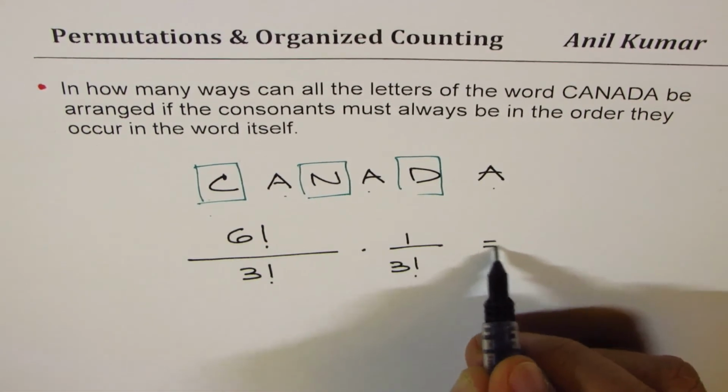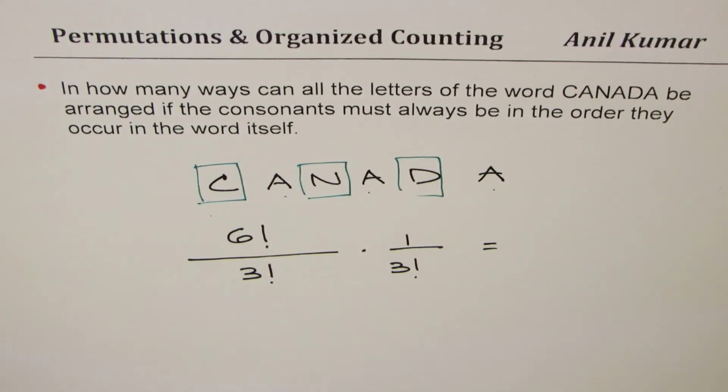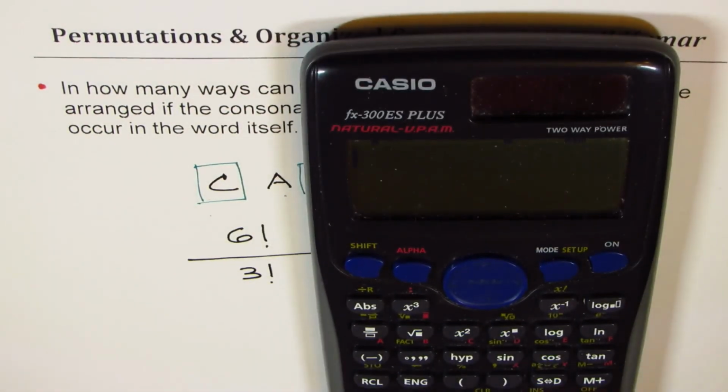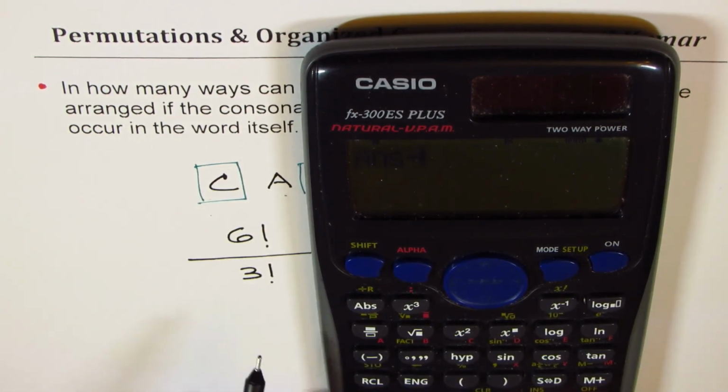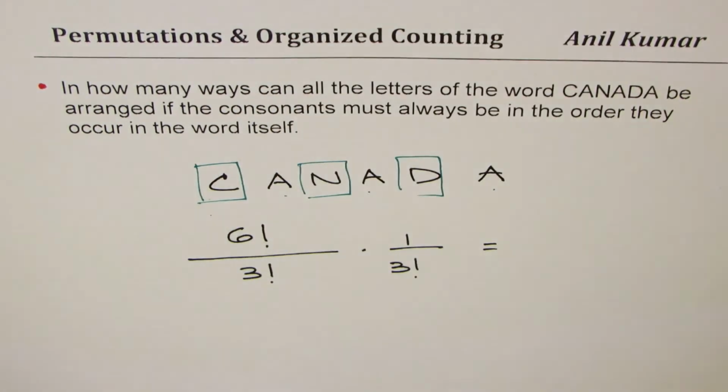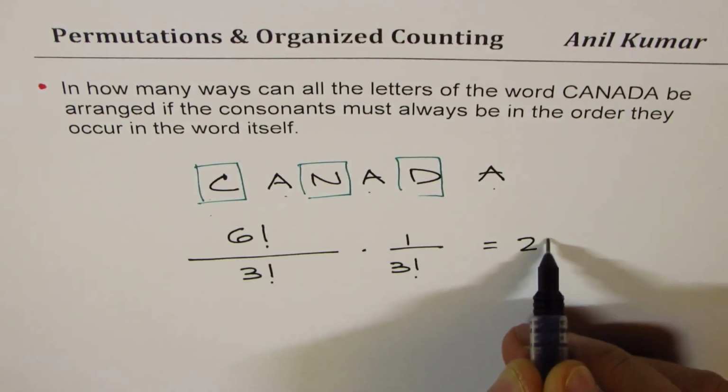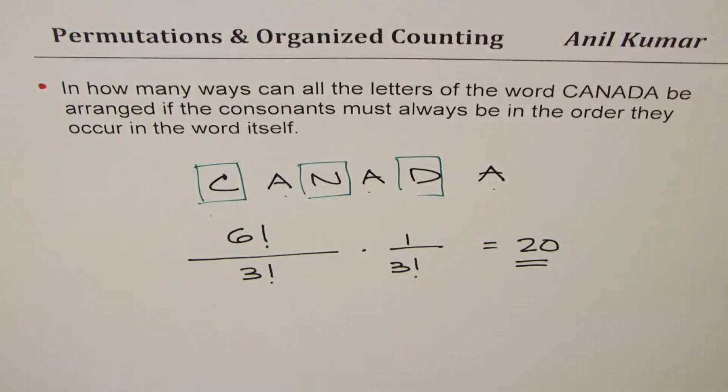So that becomes our answer. So it is 6 factorial divided by 3 factorial and 3 factorial, which is 36. And we get 20 as our answer. So it is 20 number of ways in which we can arrange all the letters of Canada where the order of consonants remains the same.